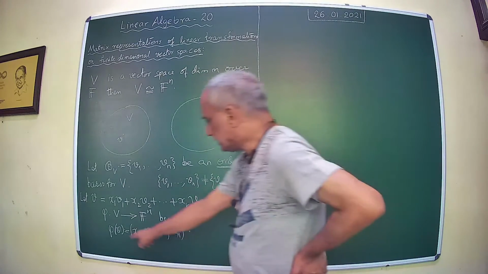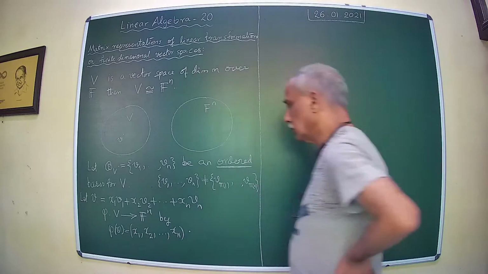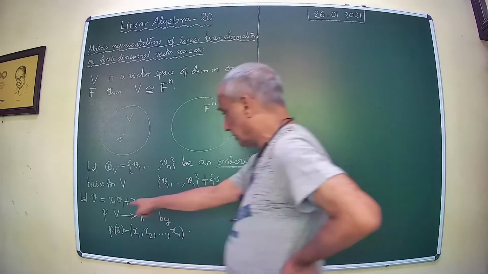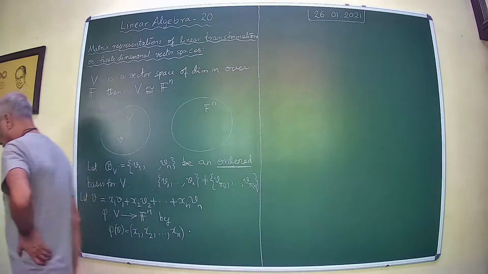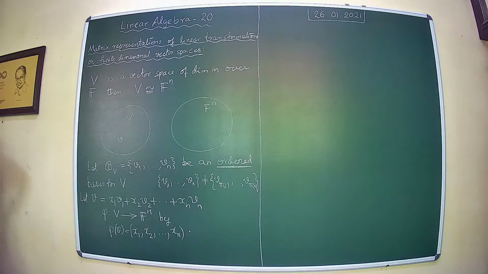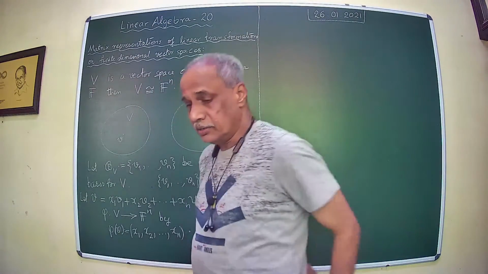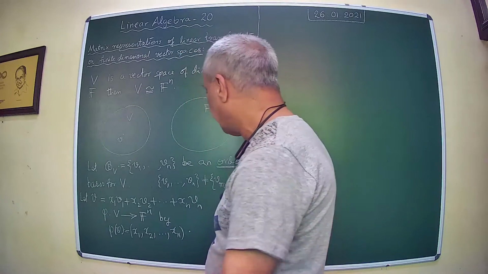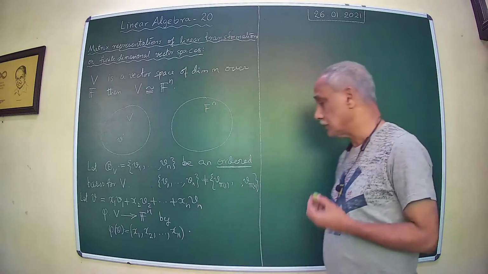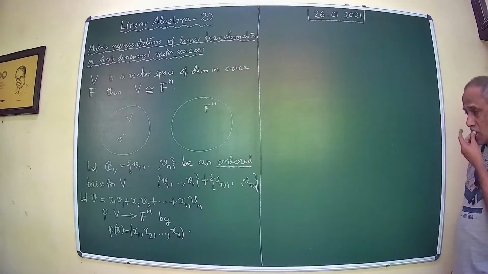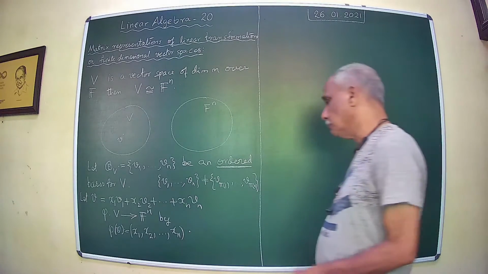Now you see that this is well defined because x1, x2, etc., xn are uniquely fixed, and the reason for that is B_V is an ordered basis, and therefore the order in which these x's appear is also unique.